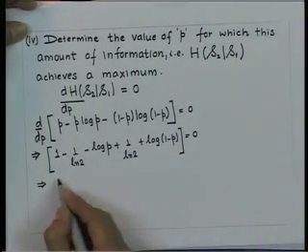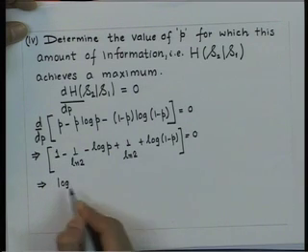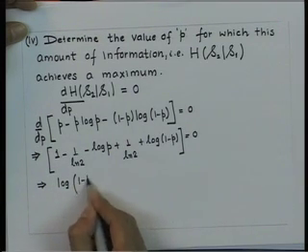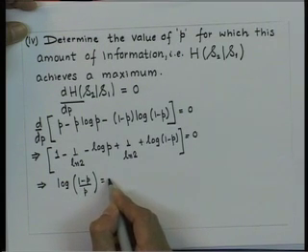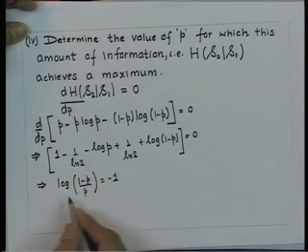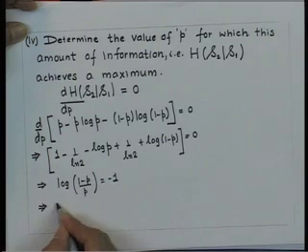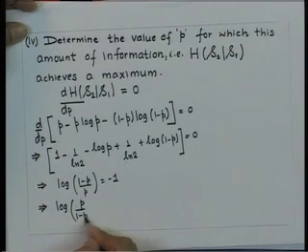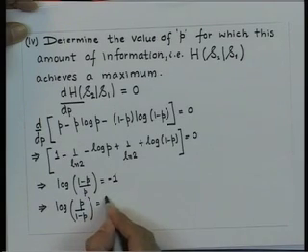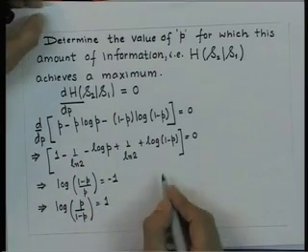This implies that log of 1 minus p upon p is equal to minus 1, which implies log of p over 1 minus p is equal to 1.